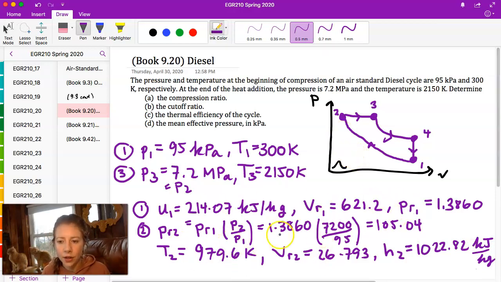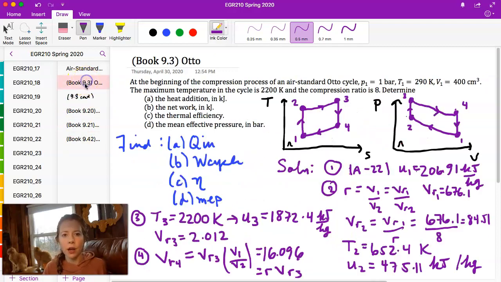Okay, so in the first problem, if we look at our model for the Otto cycle, we are dealing with these constant volume processes occurring in a piston cylinder. And remember, work is P delta V, and for constant volume, we use internal energy, u.